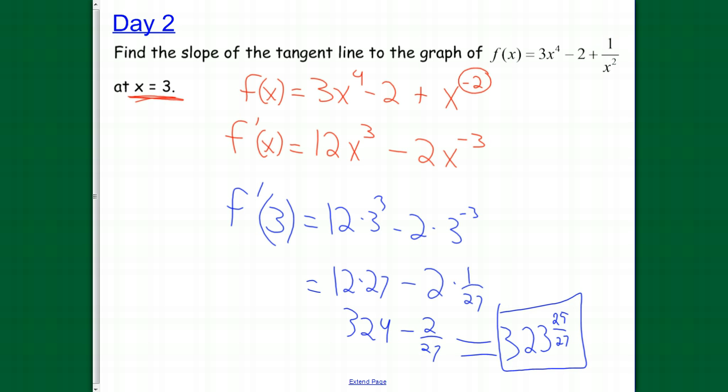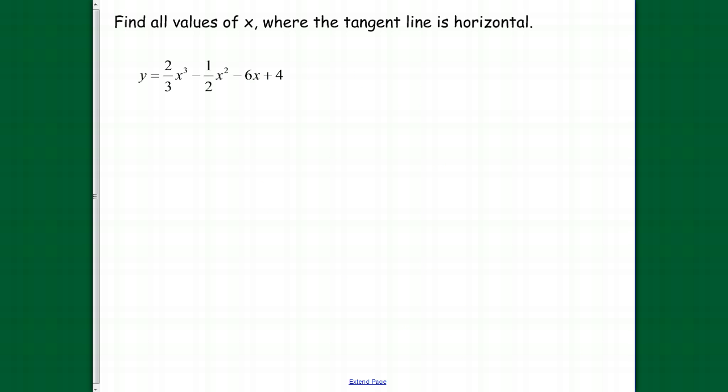That is the slope of the tangent line at an x value of 3 for that graph. That's kind of a large slope. Okay, but we just found the derivative, we plug in the x value, and that gives the slope of the tangent line at that x value.